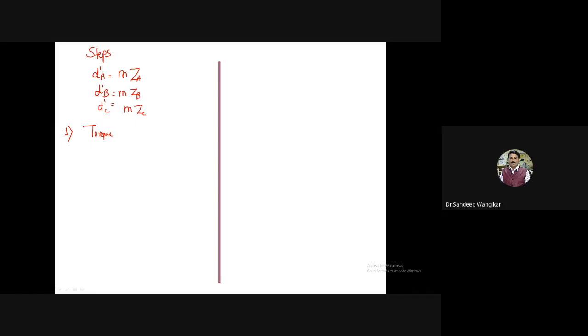Torque acting on this gear. So I will say MTA is equal to 60 into 10 raised to 6 into kilowatt divided by 2 pi NA. NA is given, power is given, you can easily calculate MTA.